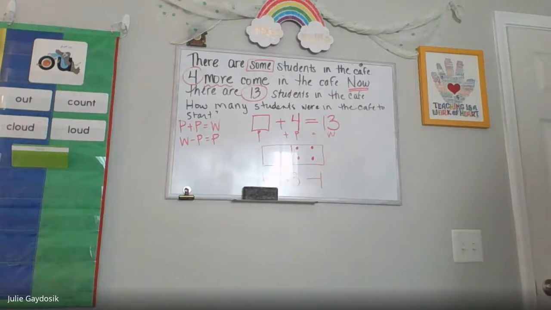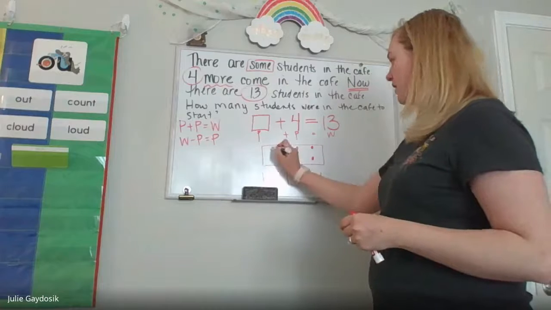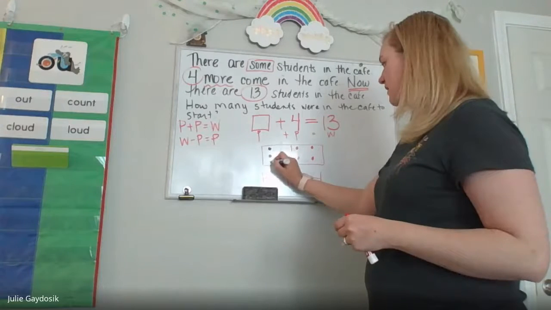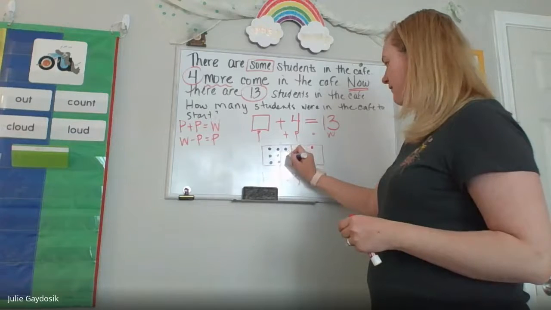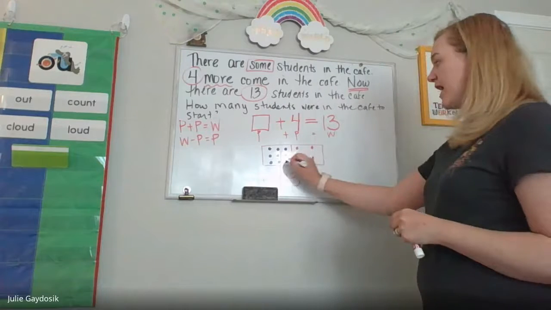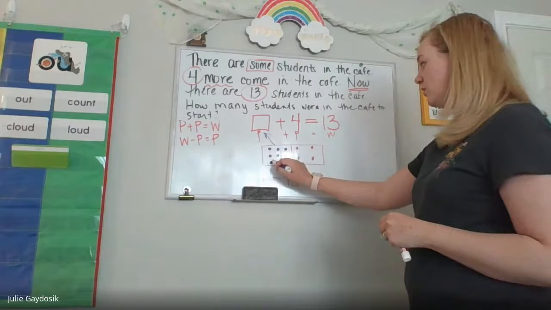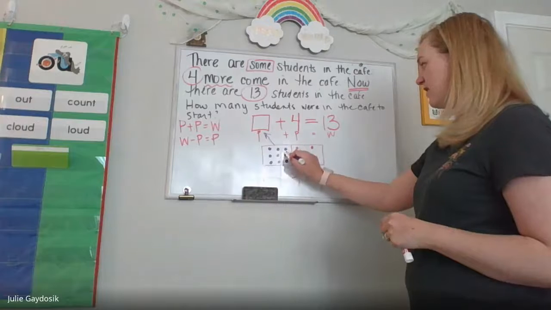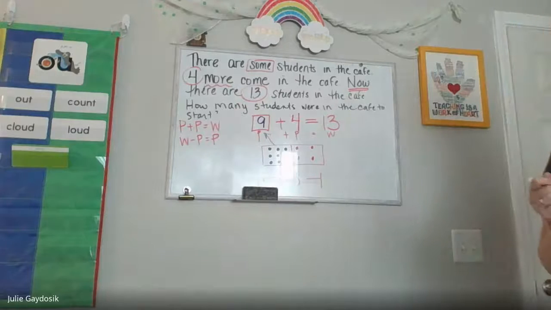And then what I'm going to do is I am going to count in my head till I get to 13. 4, 5, 6, 7, 8, 9, 10, 11, 12, 13. Okay. And then I would count how many purple dots are here because this is my unknown. 1, 2, 3, 4, 5, 6, 7, 8, 9. So 9 plus 4 equals 13. So that's the way to solve it with the part whole.